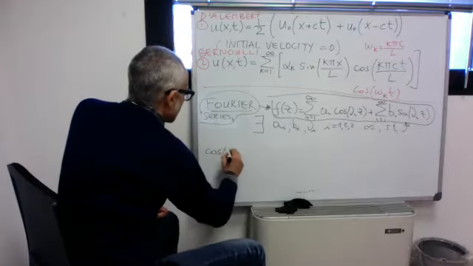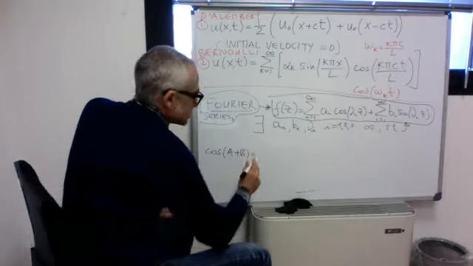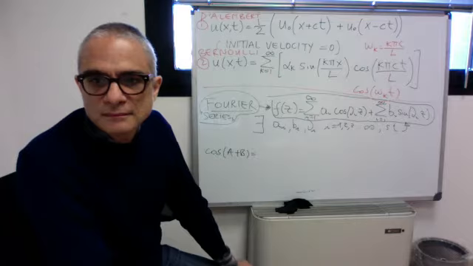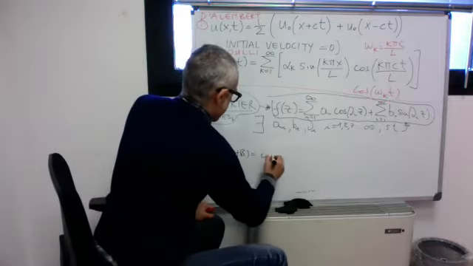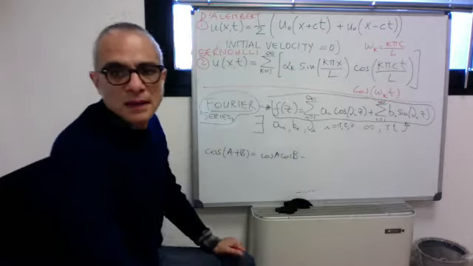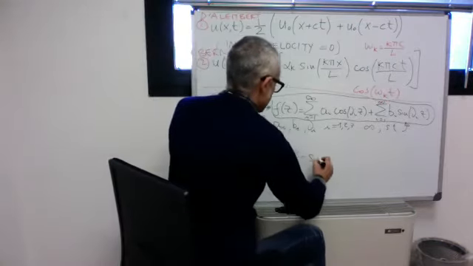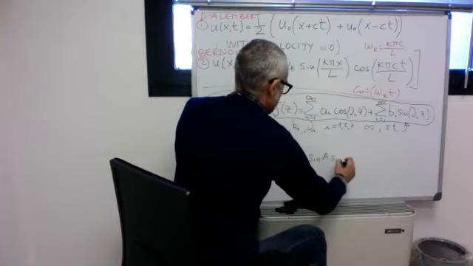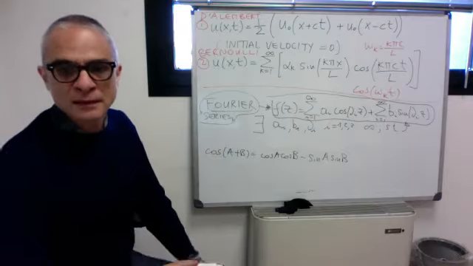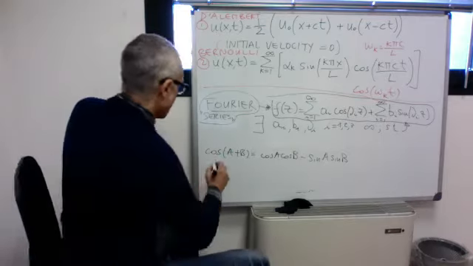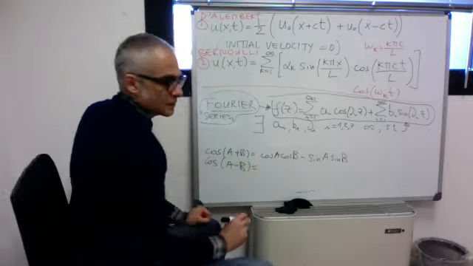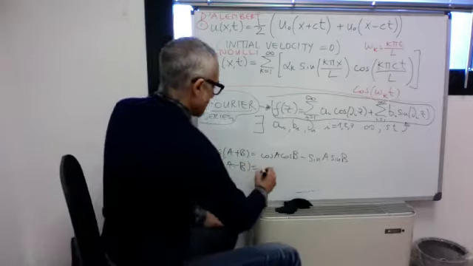So the cosine of a plus b is cos a cos b minus sine of a sine of b. The cosine of a minus b is the same thing with a plus.